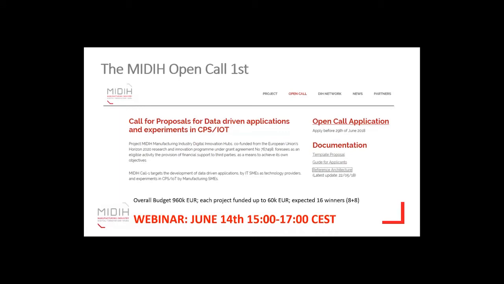Each project should be submitted by one single legal entity, and this single legal entity will receive a funding of up to 60 kilo euro according to the Horizon 2020 rules, which means that MIDIH is an innovation action, and so being an innovation action, the funding and the financial support will follow the rules of innovation actions in Horizon 2020.